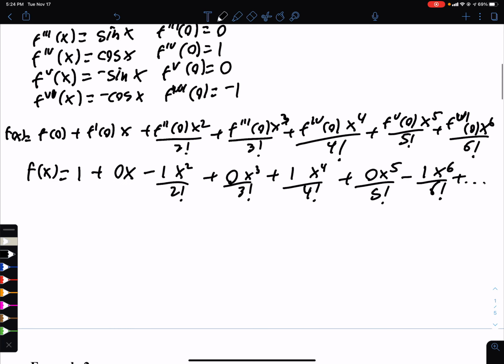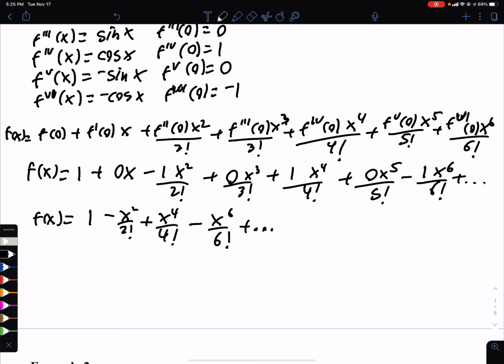And this continues, so here we go. It's 1 minus x squared over 2 factorial plus x to the 4th over 4 factorial minus x to the 6th over 6 factorial plus dot, dot, dot.